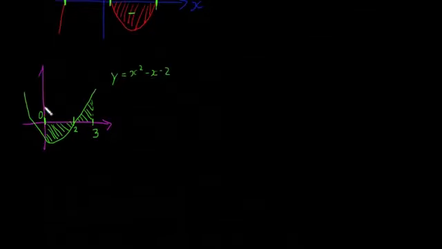If they ask for it just between 0 and 3, you'd have to break it up yourself first. Here they're showing us how to break it up. Anyway, I'm going to start and just go ahead. I'll do it in bright blue.